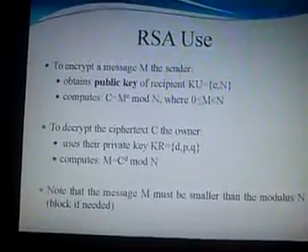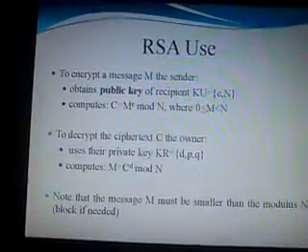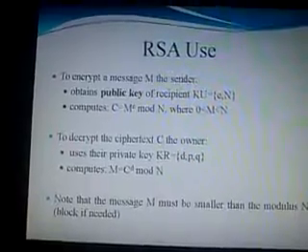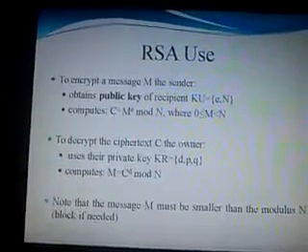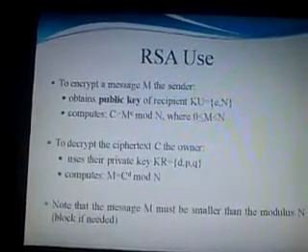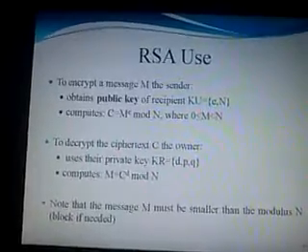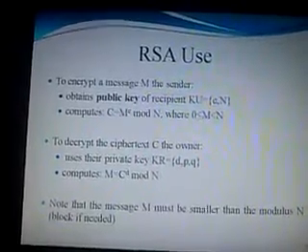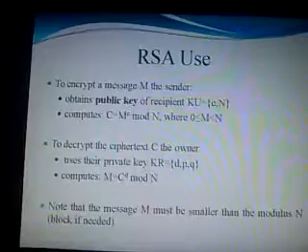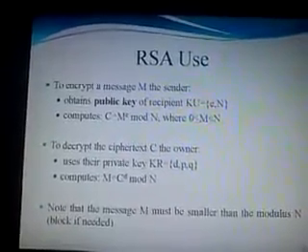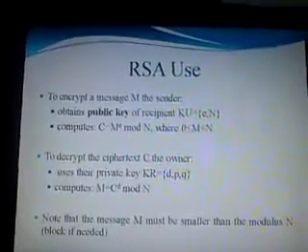RSA use. To encrypt a message M, the sender obtains the public key of the recipient, KU equals e comma n, and computes c equals m power e mod n, where m is greater than 0 and less than n.